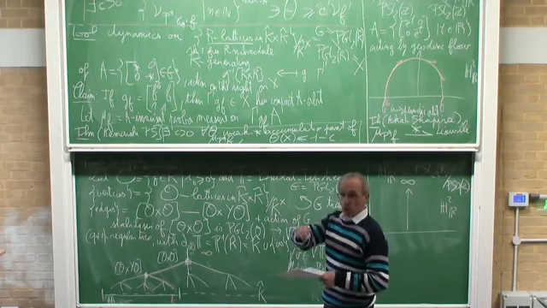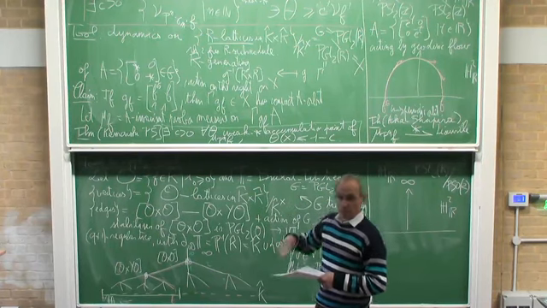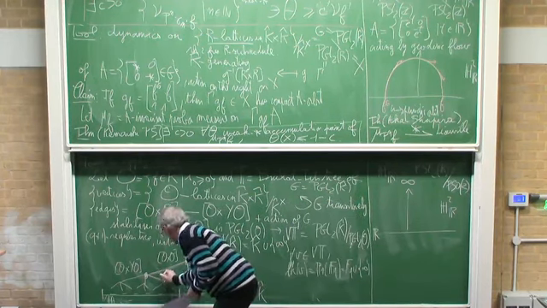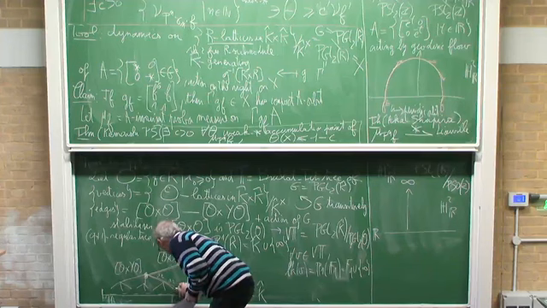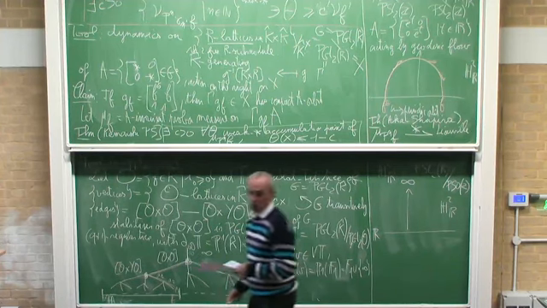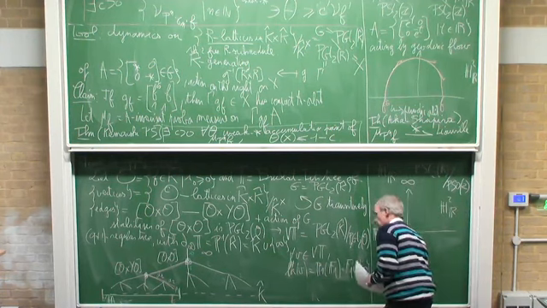And how do you recover the labels a_i in the Laurent series expansion? Well, you have 0, a1, a2, a3. These are just the labels of these edges.